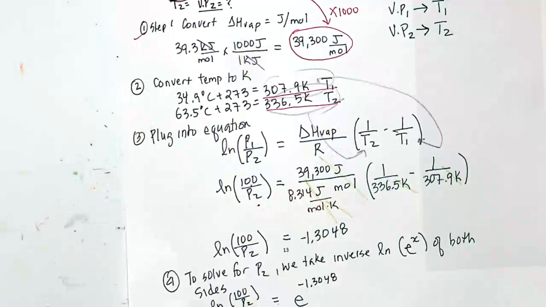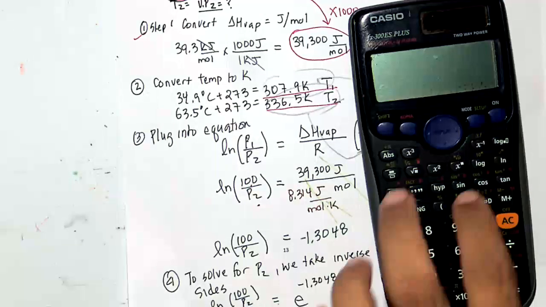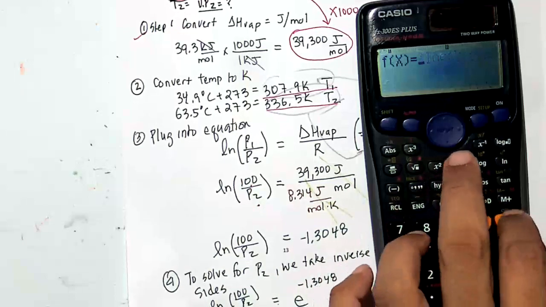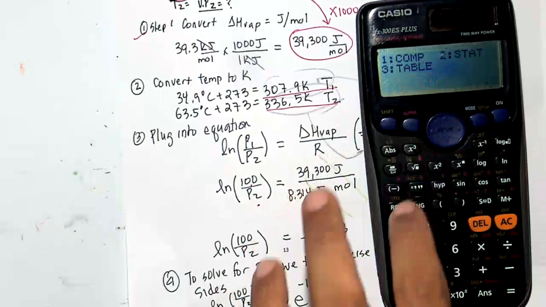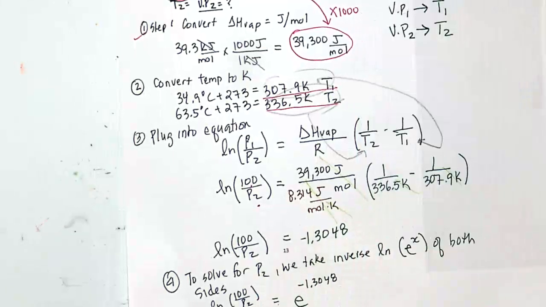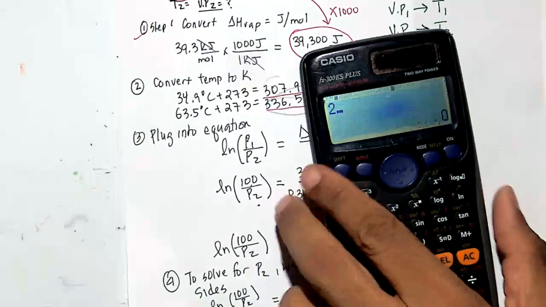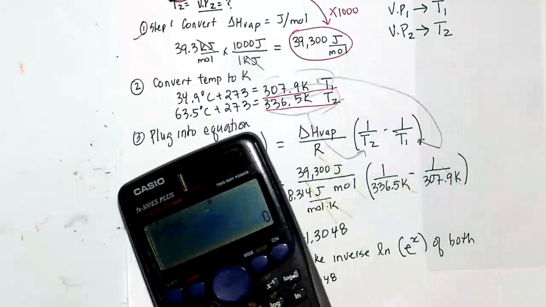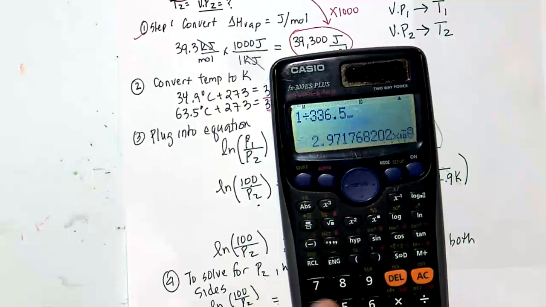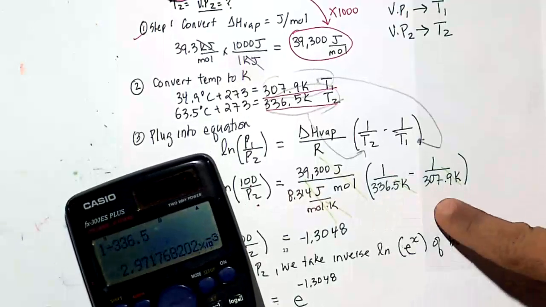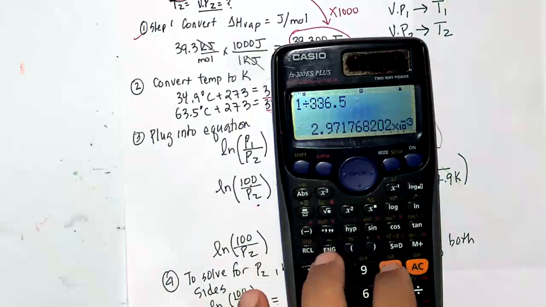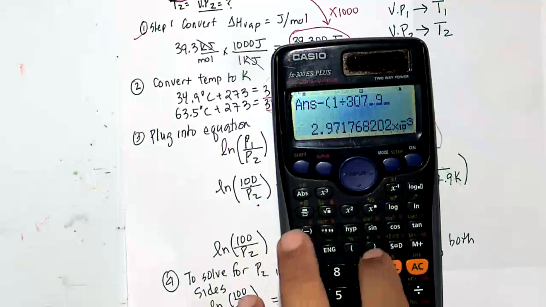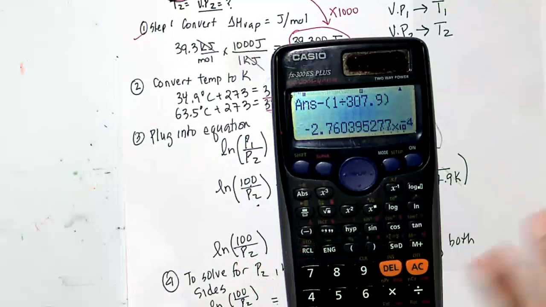All right, so let's go use our calculator. If you have your calculator out, we can do it with me. Okay. So we'll do 1 over 336.5. So get your calculators out. 1 over 336.5, minus 1 over 307.9, so put parentheses on it. 1 divided by 307.9, close those parentheses.